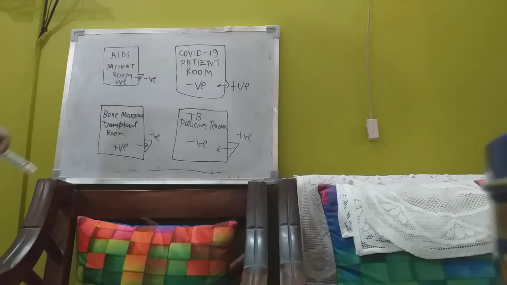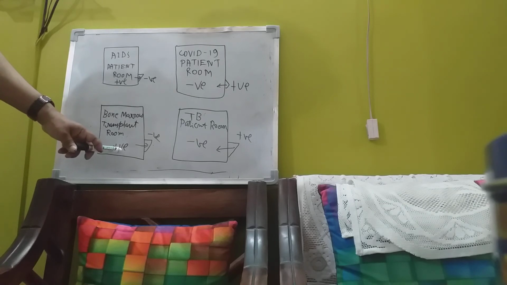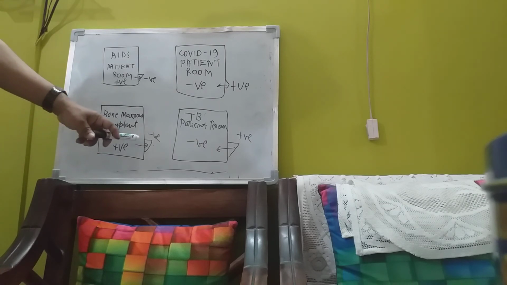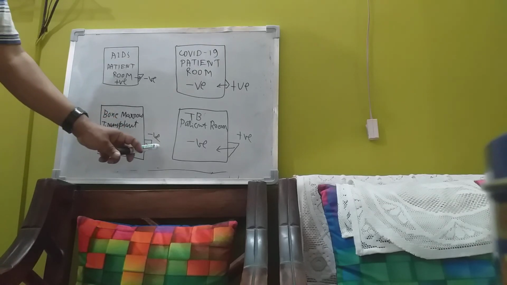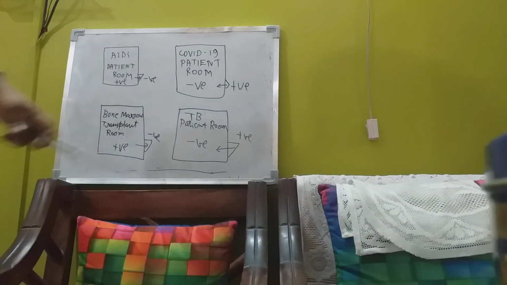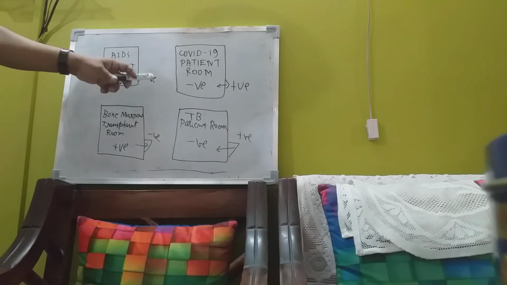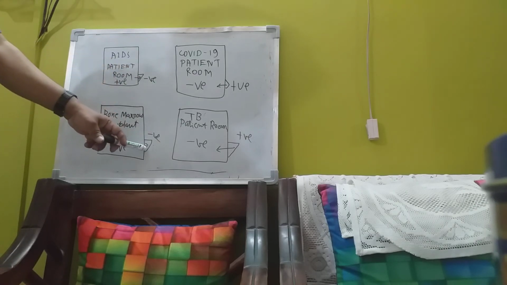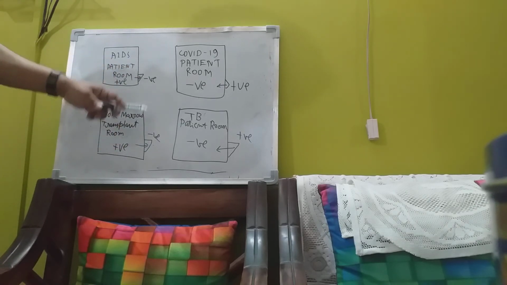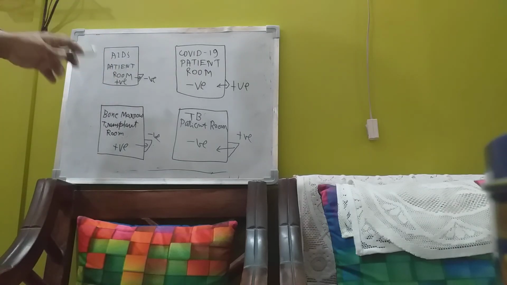Any small infection may kill that person because his immunity level drops. For that reason, in a bone marrow transplant room, we keep a positive pressure so that whenever you open the door, air flows from inside to outside, so that no air comes inside. The main intention of positive pressure is that no virus, no bacteria should come inside to cause any infection.